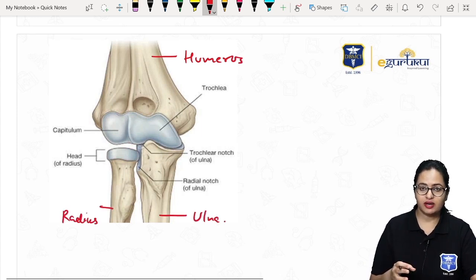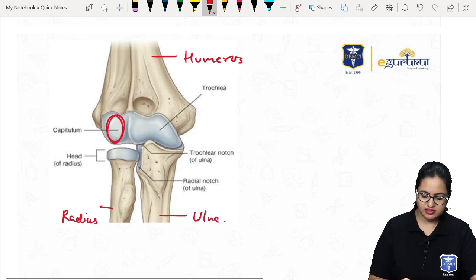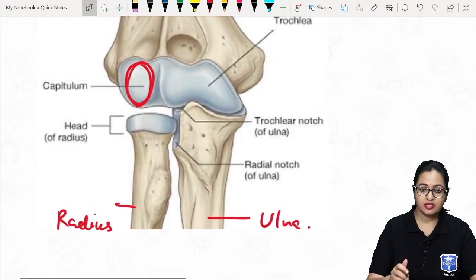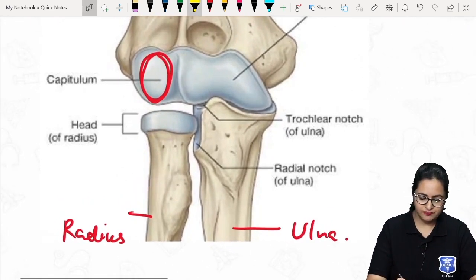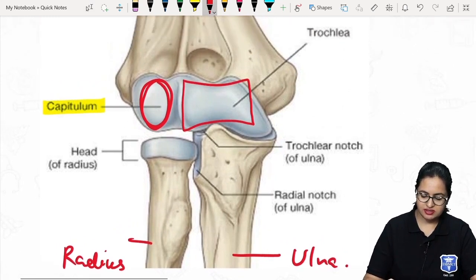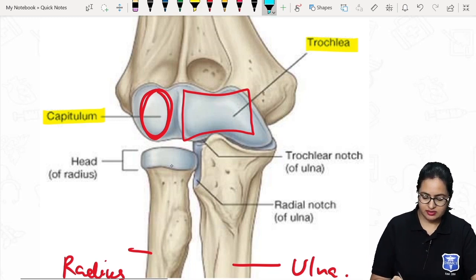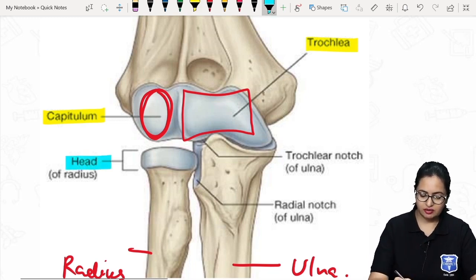When we see the lower part of the humerus, we can identify various structures. Over here this round structure is given the term capitulum, and this dumbbell shaped structure on its lower side is given the term trochlea. The upper end of the radius is the head of the radius.